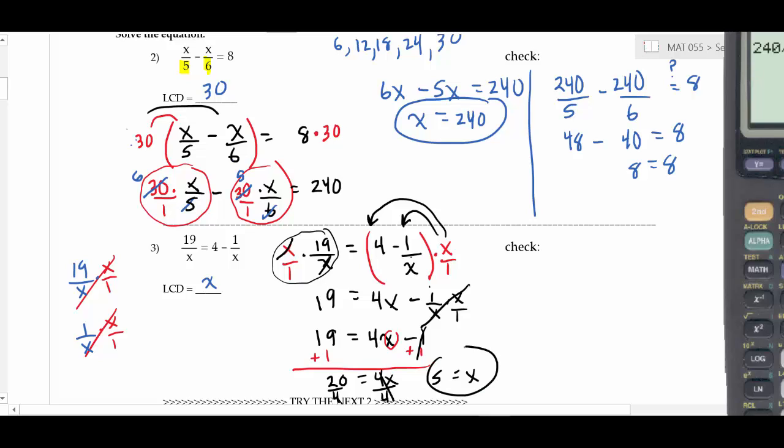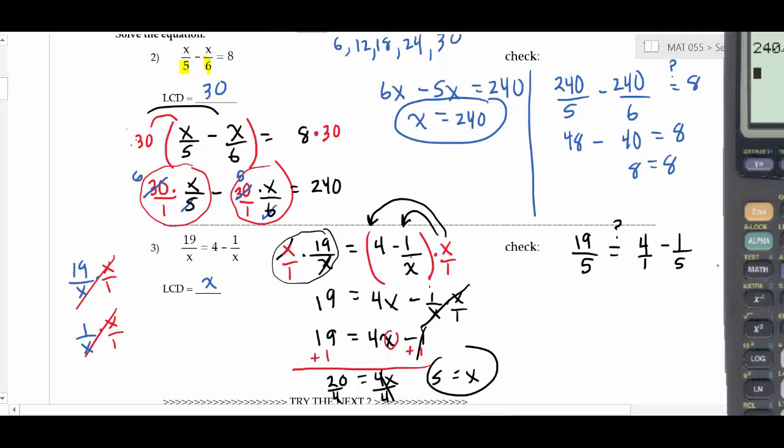Now I'm going to check this one on the calculator just for something different. You have 19 over 5. I'm going to plug my answer in, and we're going to see if that's equal to 4 minus 1 over 5. Well, actually, let's not use calculator because students need to review fractions. They always do. So you need to get a common denominator between 1 and 5.